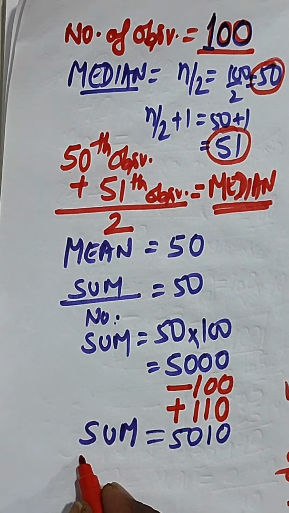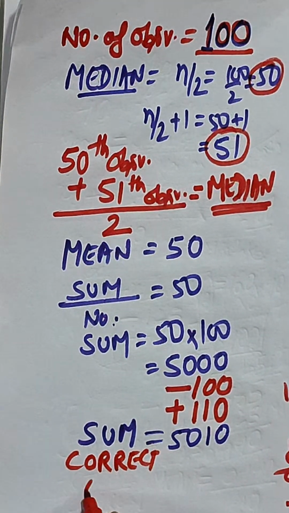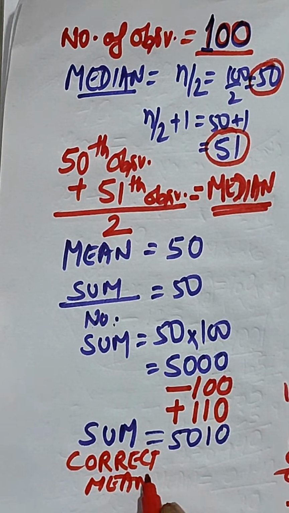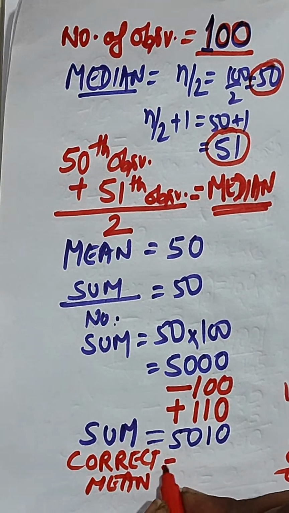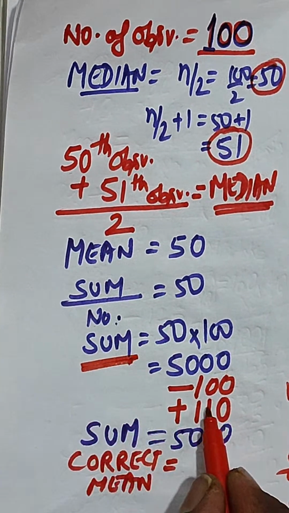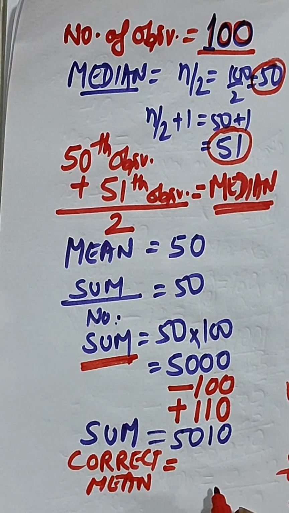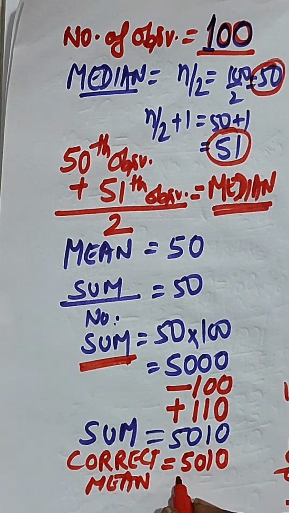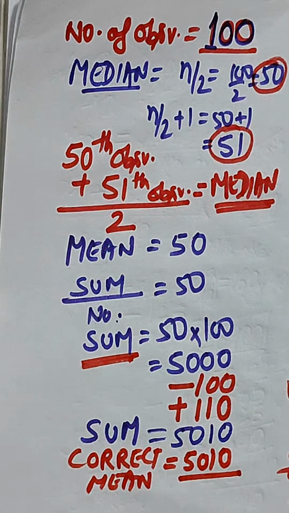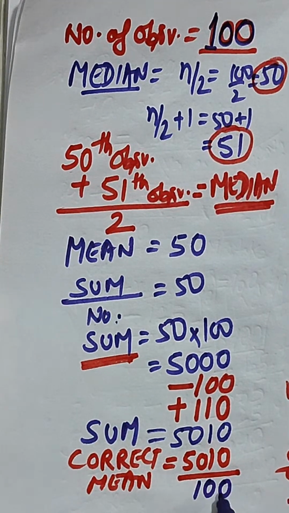So what is the value of the correct mean? It is calculated by this 5010, because this is the sum. So 5010 divided by the number of observations, which was actually 100.